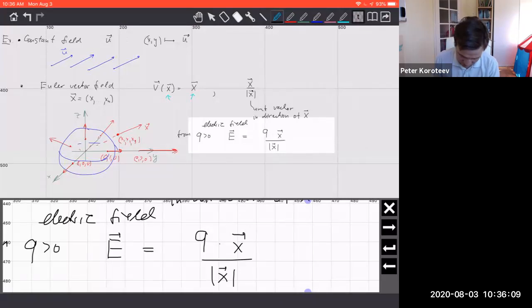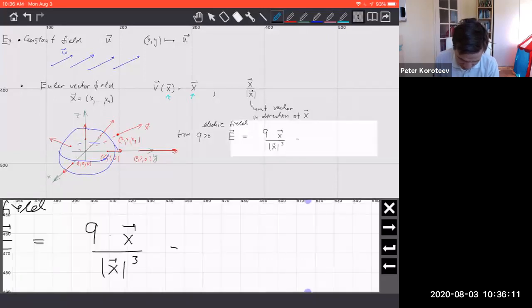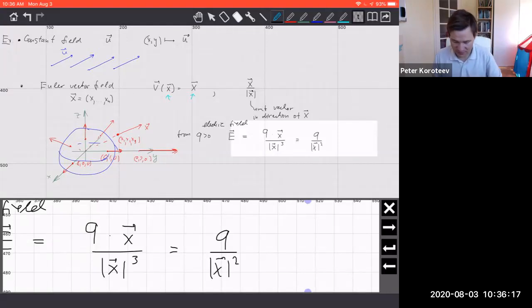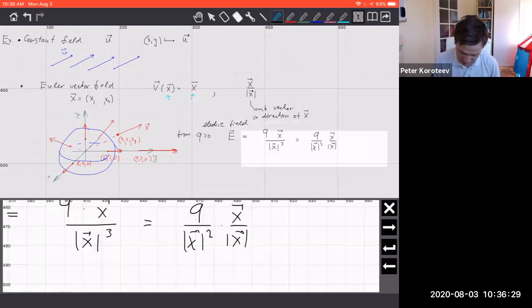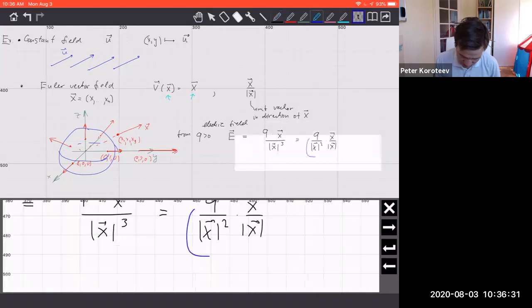The reason it's 3 is because you can write it as Q over the absolute value of X squared. So that will be the magnitude, right? And if you talk about direction, you need to multiply it by the unit vector in x's direction. And so this is the famous formula, Q divided by R squared.